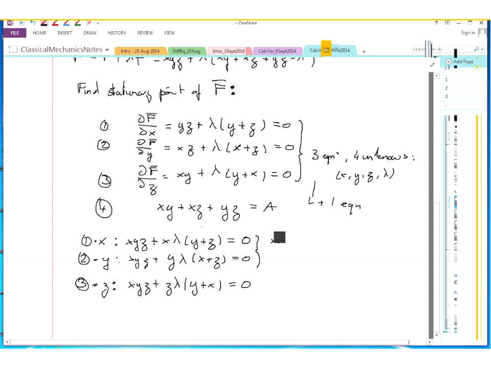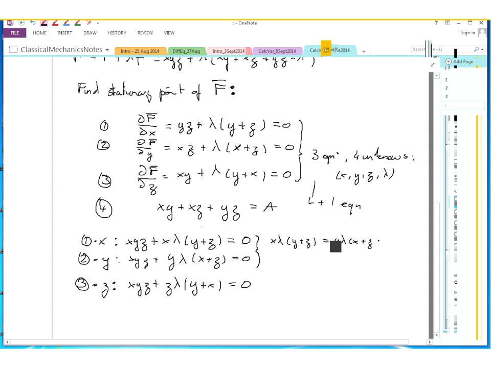So if I equate these two, I get x lambda (y plus z) equal to y lambda (x plus z).